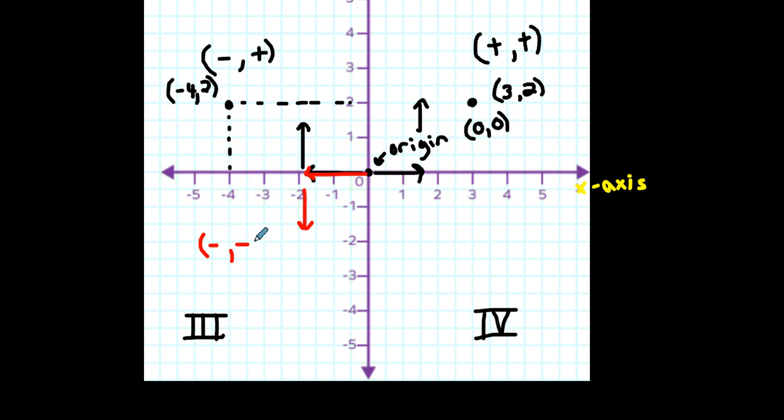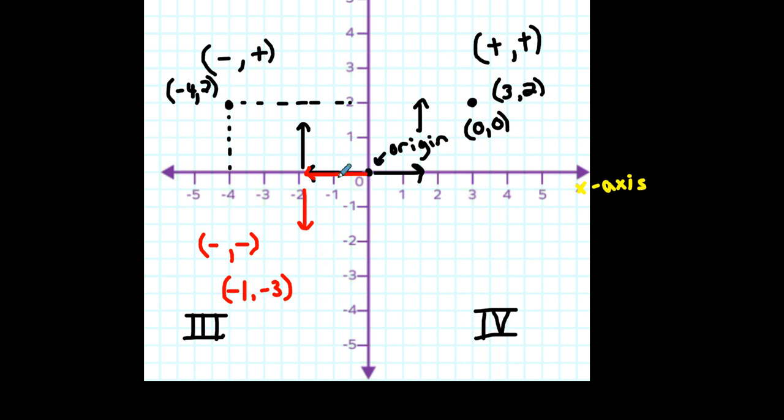So this is where both the x and the y coordinates are negative. All right, a good example of this might just be negative 1, negative 3. Okay, notice negative 1, comma, negative 3.